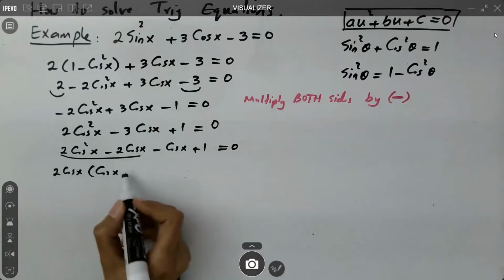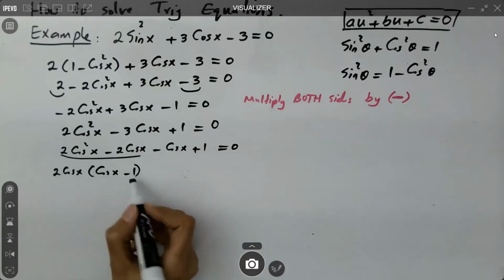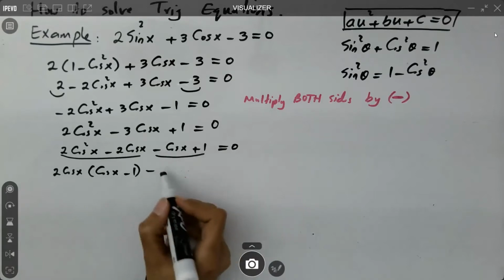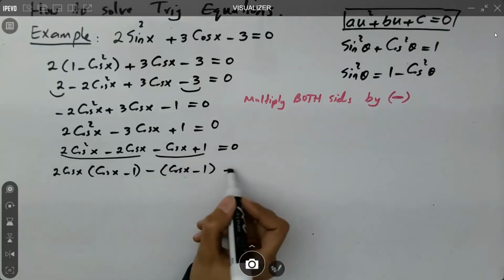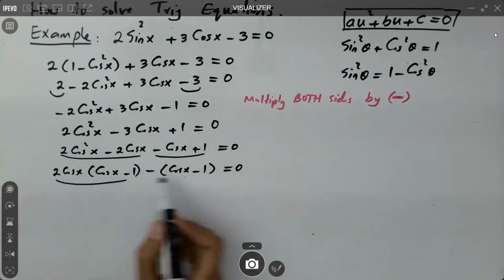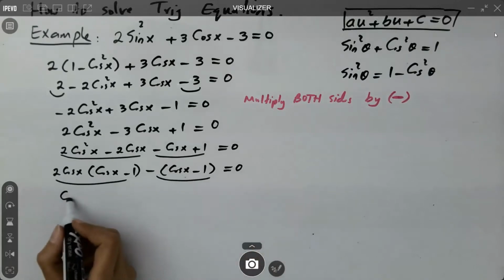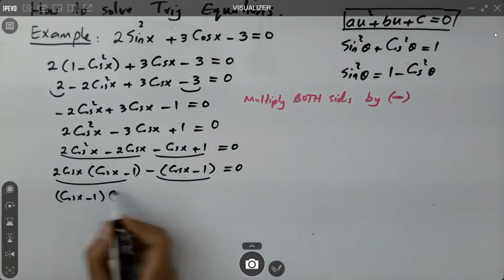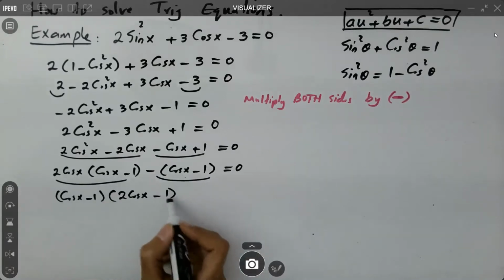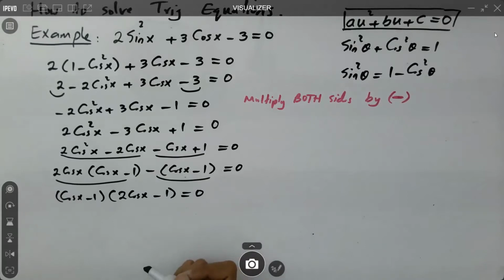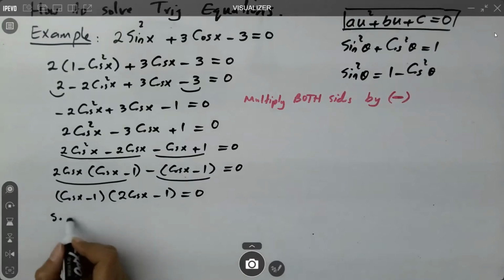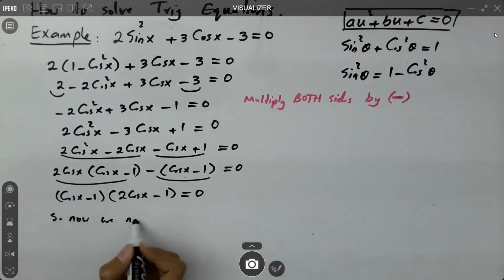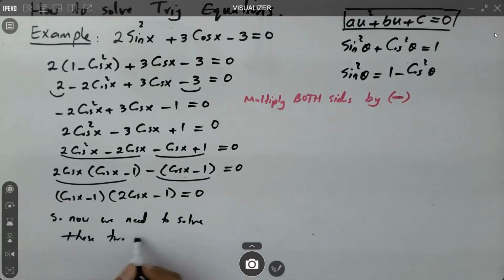Cosine x is left, minus 1. But between these two, factor out negative sign, I get cosine x minus 1 equal to 0. Between these two, you can factor out cosine x minus 1, and you're left with 2 cosine x minus 1 equal to 0. Well, we have 2 equations to work with. So now we need to solve these 2 equations separately.